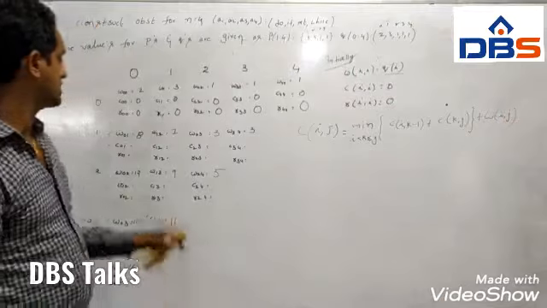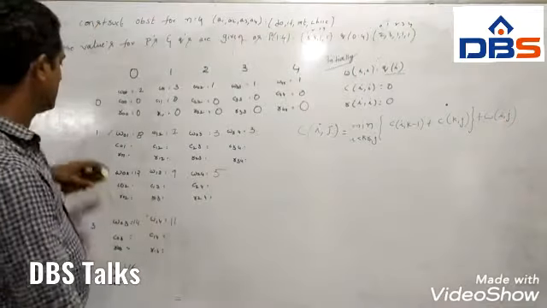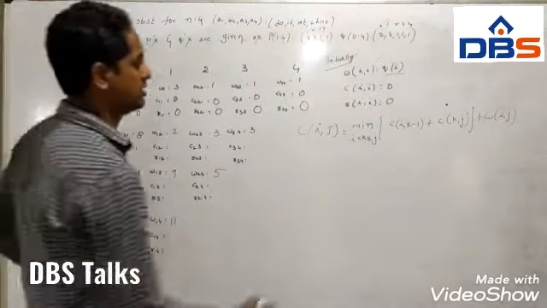Using this formula we consider the C values. Okay, so first we go for the C01.